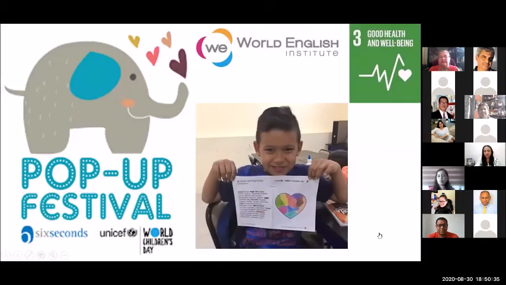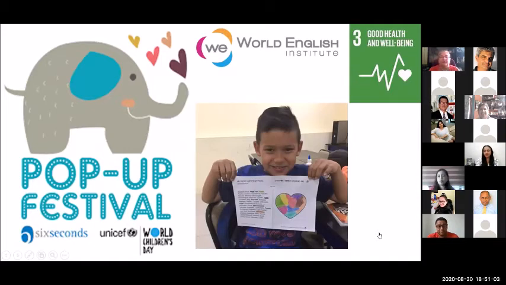Another activity is participating in the PopUp Festival. This is one of the activities we are very active in from our English Institute. We are active members of the PopUp Festival activities, and this is connected to good health and well-being, working with the social-emotional aspects of our students to express their emotions.